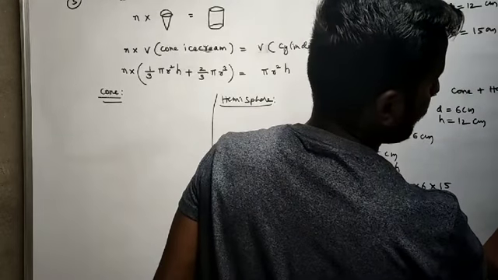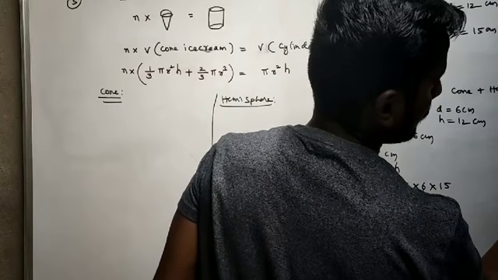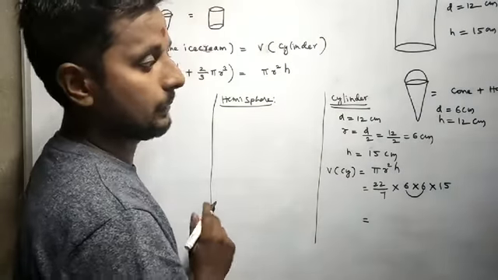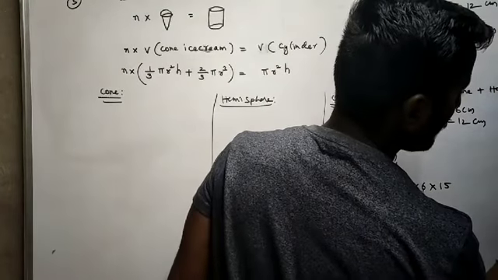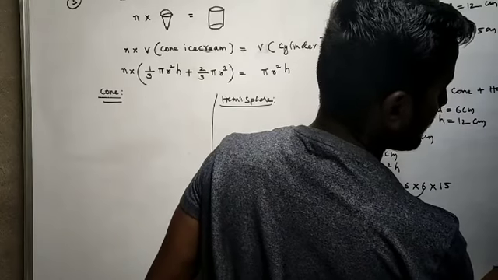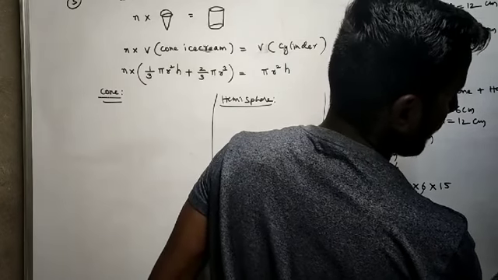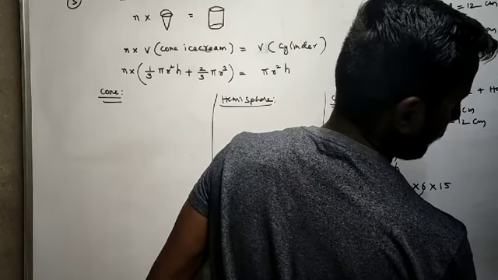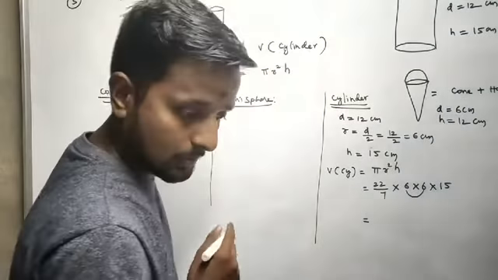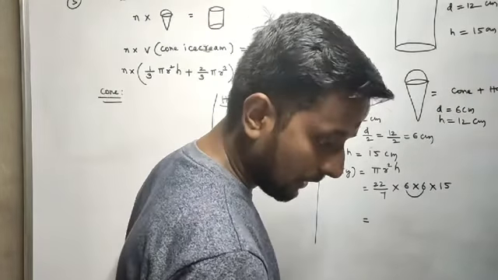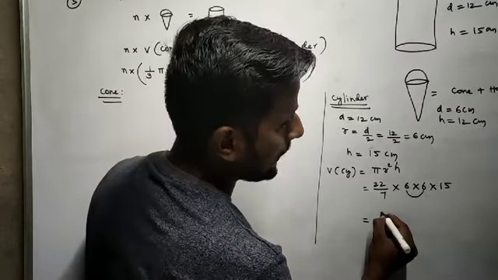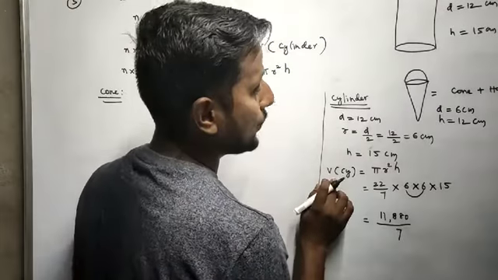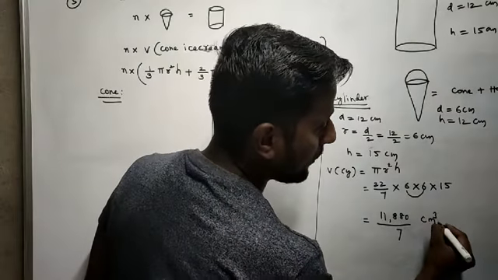So 22 into 15 is 330, again into 36 we have to do. 6 zeros are 0, 6 threes are 18, and so on. So the answer is 11,880 by 7. It's a volume, so it is a cubic unit, centimeter cubed.